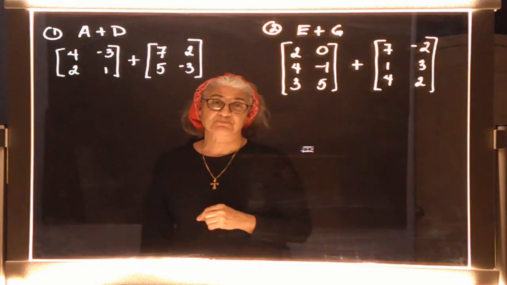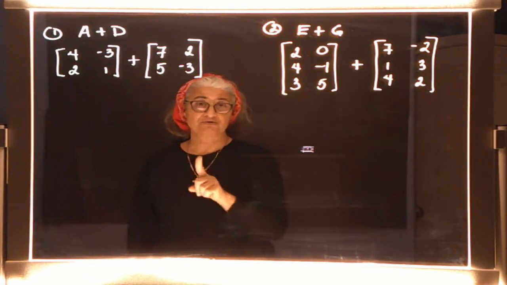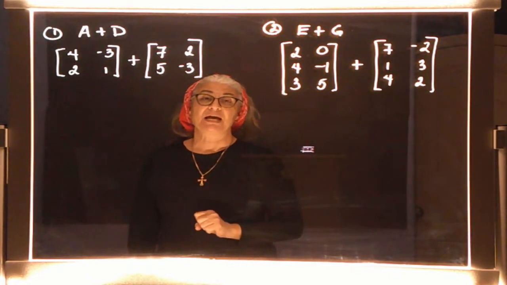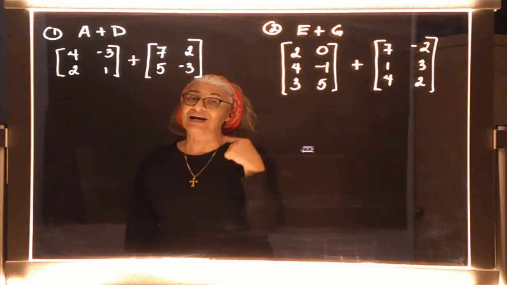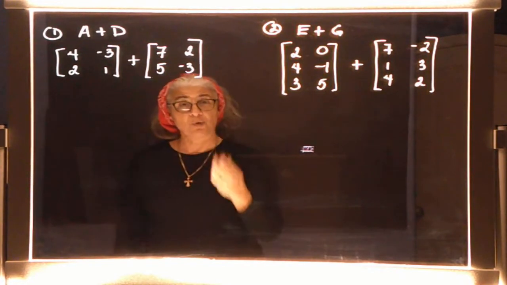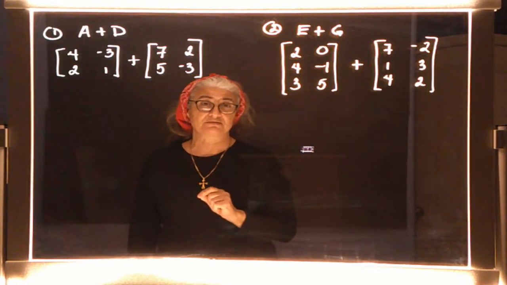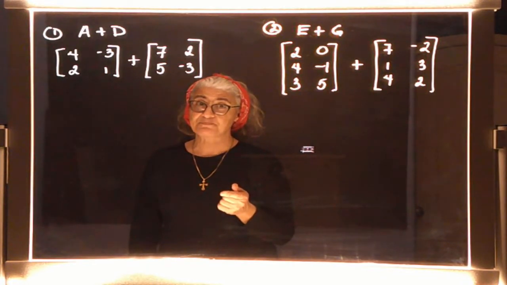So, if I want to add these matrices, I need to add the exact same locations together in order to accomplish this. For instance, 4 is in the first row, first column, which means the only number I can add to this 4 would be the 7. Why? Because it's also in the first row, first column position. Understand? Okay?